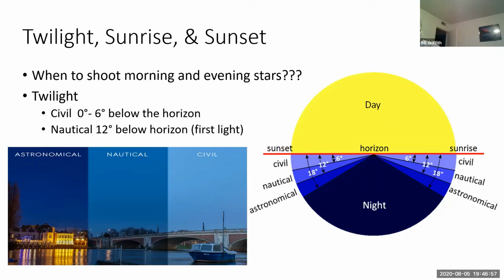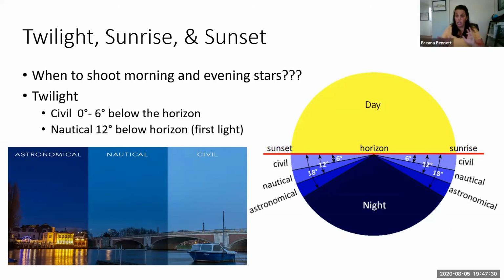And so you'll be able to see the stars and the horizon, and you could start shooting until you get to civil twilight. You'll be able to see most of the stars, again with the bigger magnitudes, because now you have more light filter. And then once the sun comes up, you can't see as many stars, but you'll have a solid horizon. Again, kind of opposite when the sun's going down.